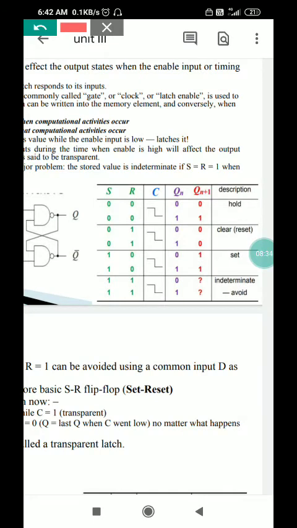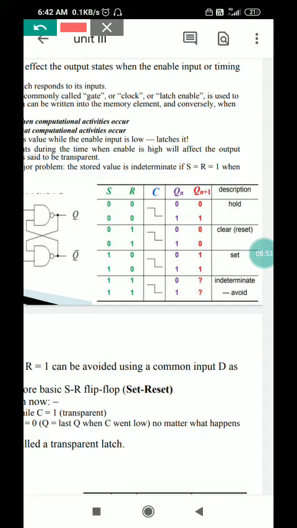If Qn is 0, Qn plus 1 will also be 0. Secondly, if S and R are 0, and the falling edge is the clock, and if Qn was 1, Qn plus 1 will also be 1.